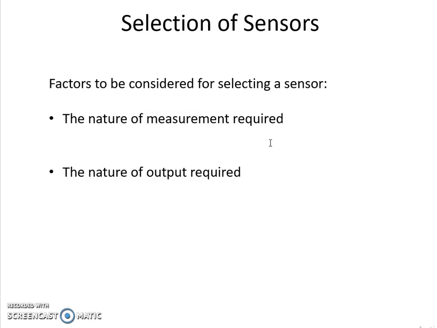The second thing is the nature of output required. The nature of output required from the sensor is a very important factor because this determines the signal conditioning requirements in order to give suitable output signals from the measurement. These are the main two factors to be considered while selecting a sensor.